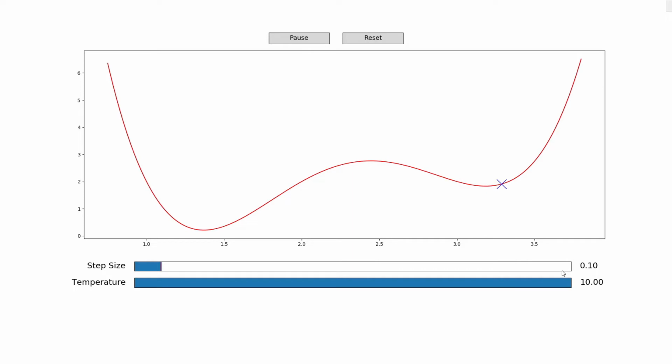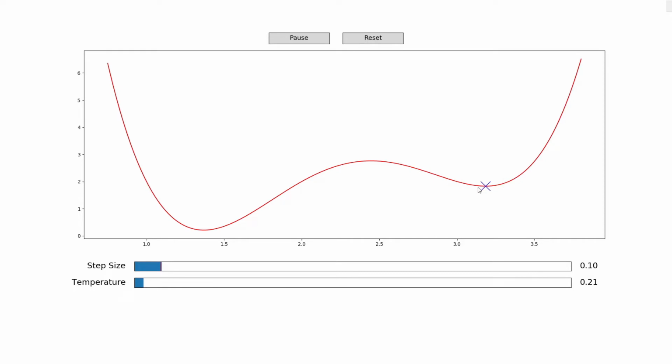If we reduce this temperature really quickly, we will accept less worse solutions and we'll get stuck here in the local minimum. This happens because I quickly decreased the temperature when we were close to the local minimum.